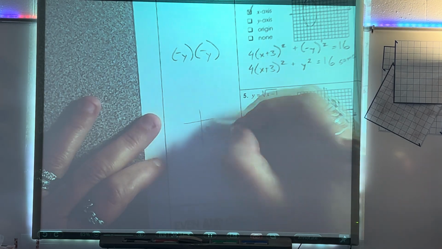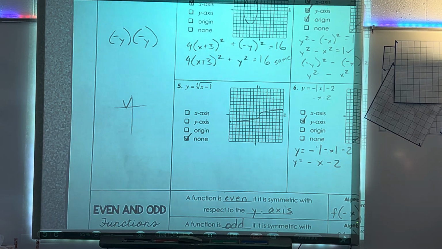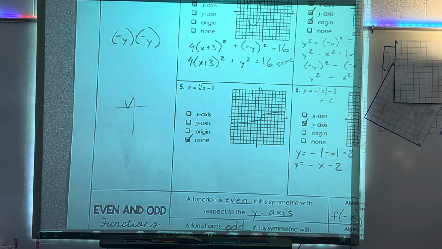But because the 1 is on the inside, this shifts your whole graph to the left. It's going to make my graph look like this, which means it's not at the origin or at the axis line, because the original graph is shifted over. Does that make sense?